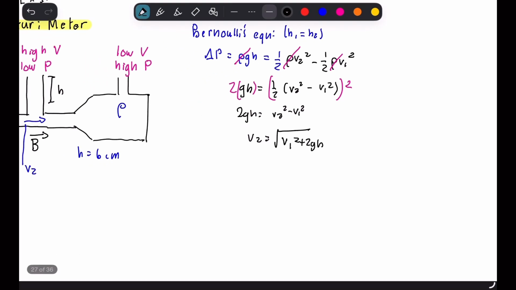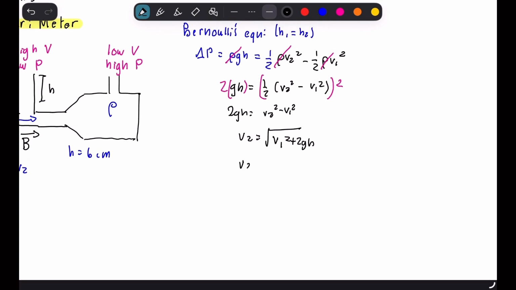So now we can plug in our values for V2. We're given that V1 was 4, plus 2 times 9.8 times 0.12. If you plug this in, you're going to get 4.28 meters per second.